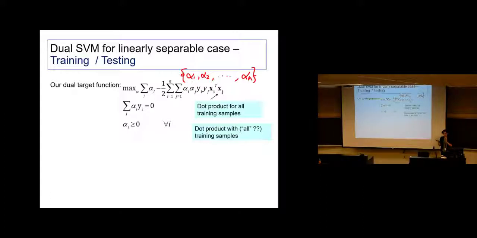So instead of using phi or x, I only need to use x i transpose x j. I only need the dot product among all the samples to learn the alpha.